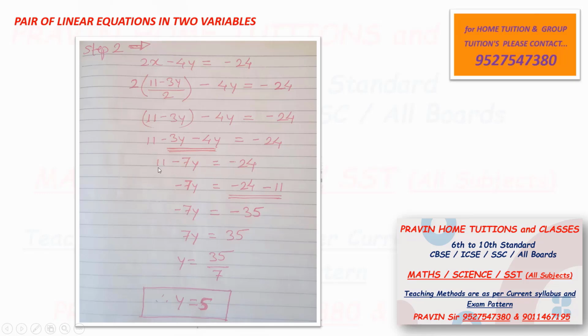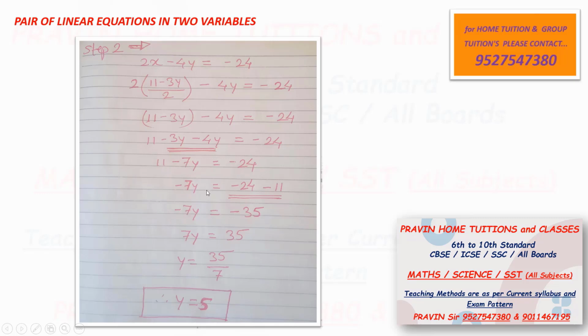Now transpose this 11 to this side, because here we want to find the value of y. So keep y on one side and the other constants or coefficients on the other side. So send 11 to this side, or transpose 11 to the RHS.